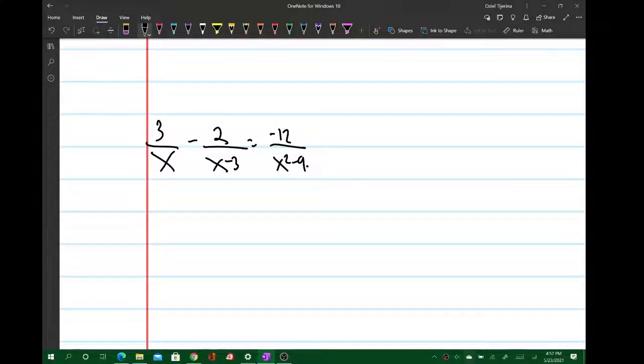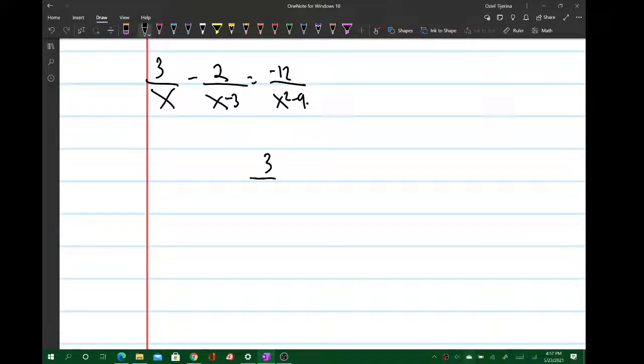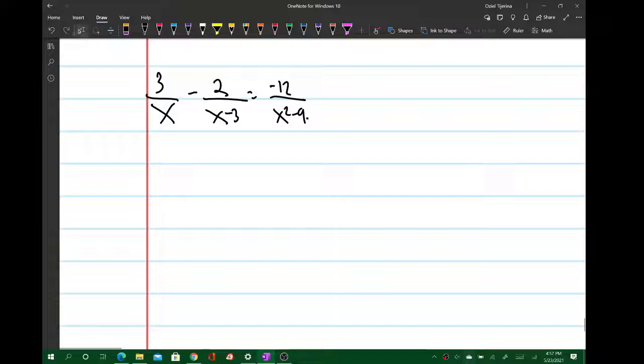But honestly, I would look at this expression here, right? Obviously, we want to make it so that these two are equal to this, right? How are we going to do that? Because we want the same denominator in reality.